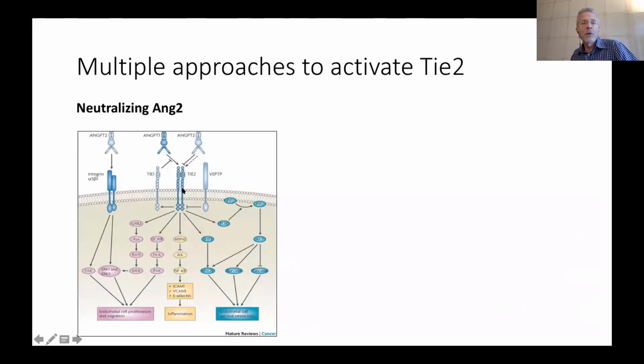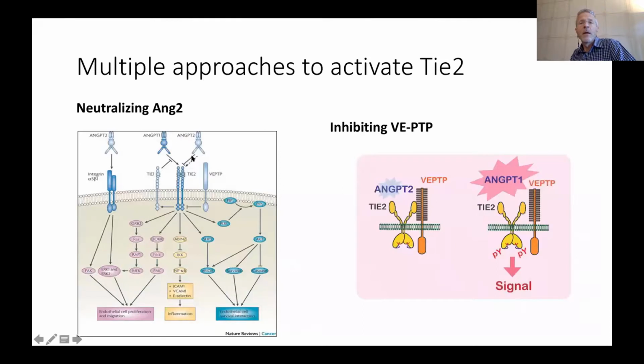It's got a tyrosine kinase domain, which gets turned on, meaning the kinase activity is increased and it phosphorylates a number of proteins, including itself. And Tie2 has not only ligands which activate it, it also has ligands which suppress its activity. And inhibiting a phosphatase is one of the ways to activate Tie2.